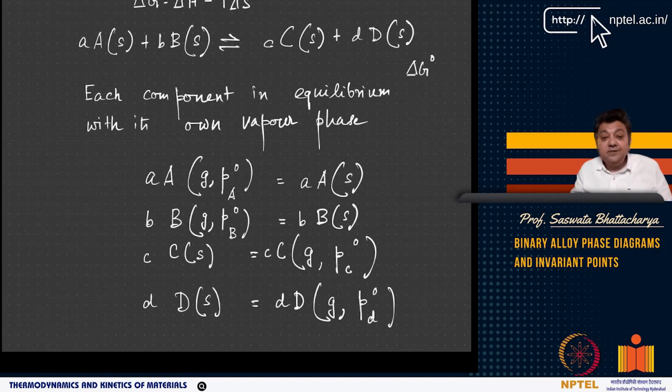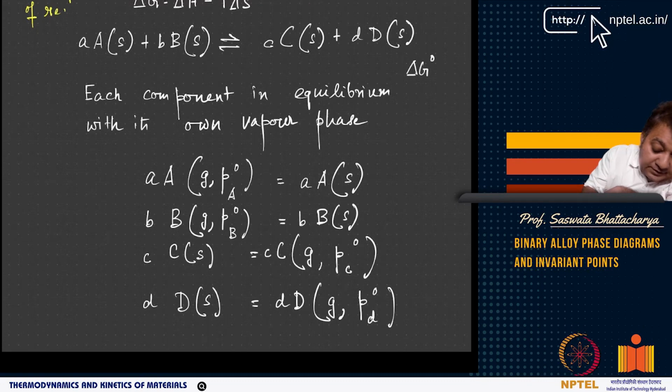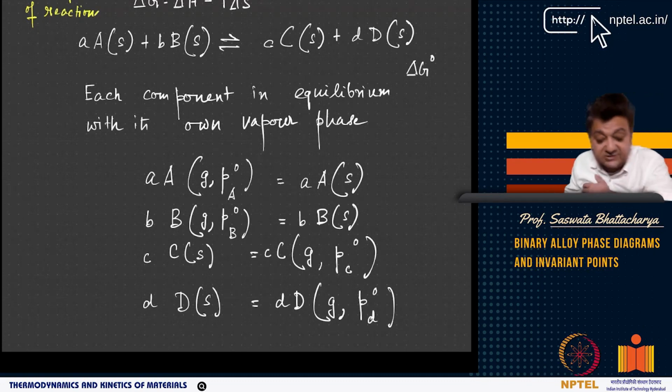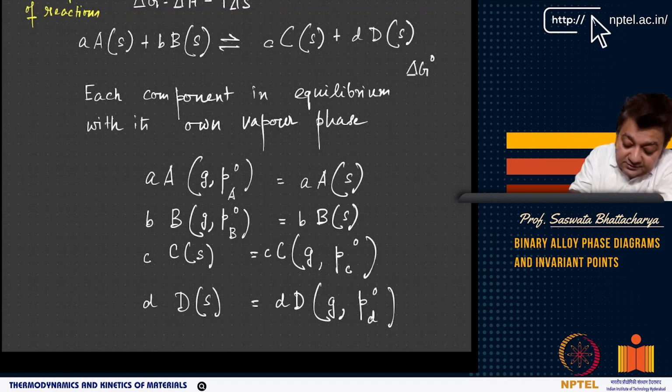So now we will take a little bit of an aside, and this aside is the thermodynamics of reactions. We will visit a little thermodynamics of reactions to solve the problem. Now, as we know, delta G equals delta H minus T delta S. This is something that is well known.